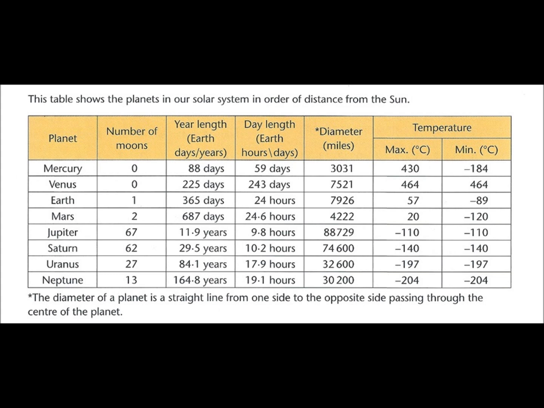So looking down, we've got 3,000, 7,000, 4,000, 88,000, 34,000, 32,000 and 30,000. So the two which are approximately 4 times the size of Earth's diameter would be Uranus at 32,600 miles and Neptune at 30,200 miles.